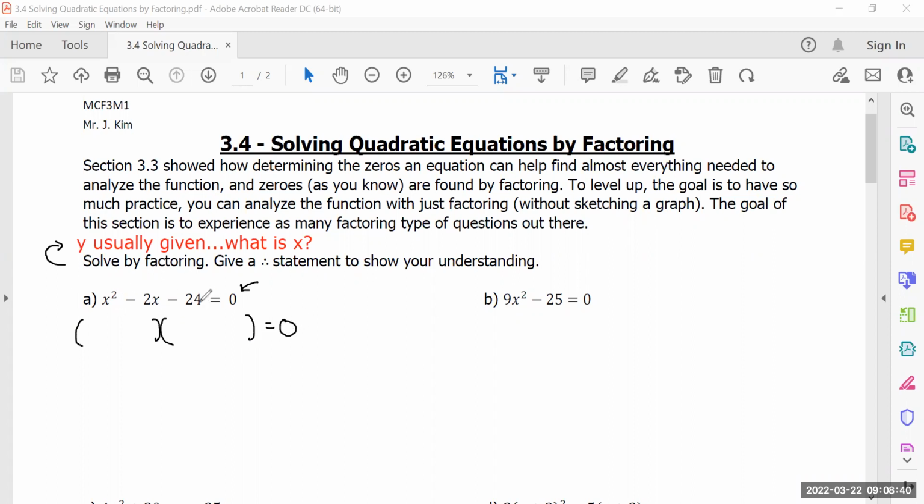Something that multiplies to -24 but adds to -2 is going to be a -6 with a +4. And you're half done.